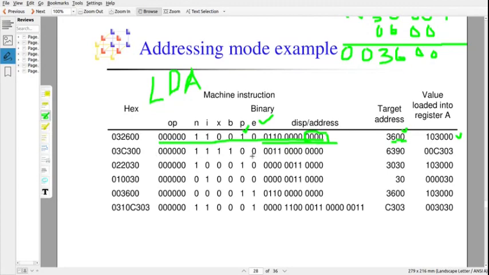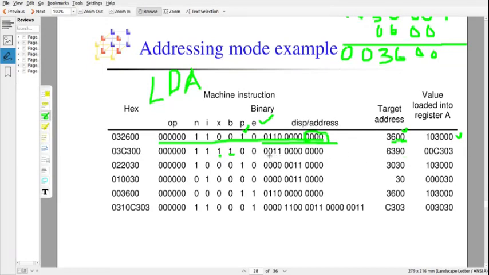The second instruction, look here. E is equal to 0 means it's a format 3 instruction. Both N and I are equal to 1, so simple addressing mode, but B is equal to 1 and X is equal to 1, so indexed and base relative addressing mode.